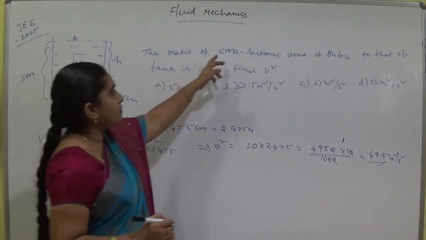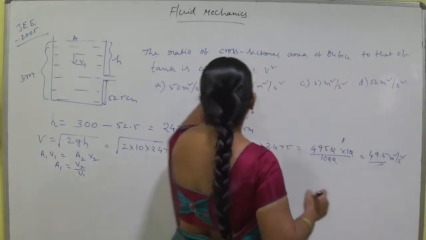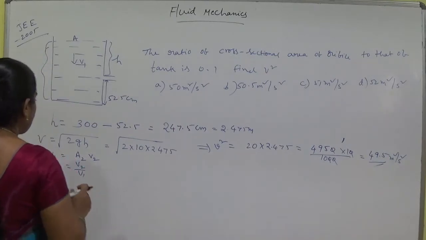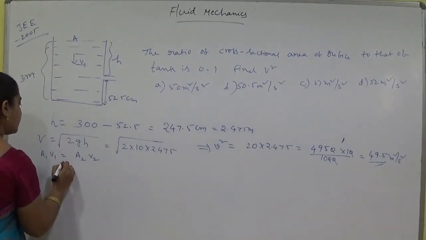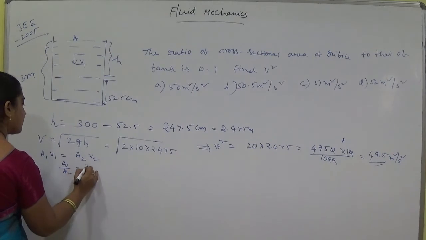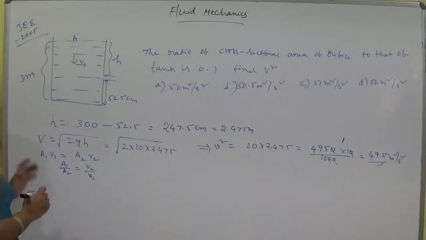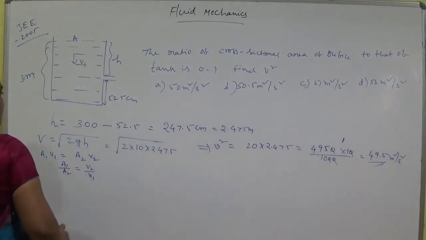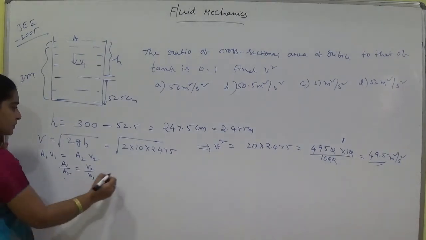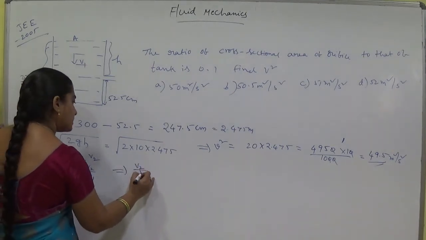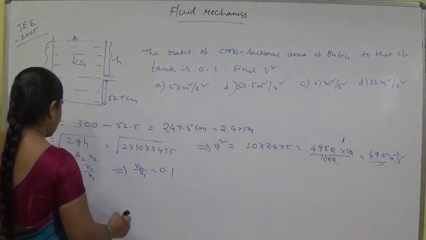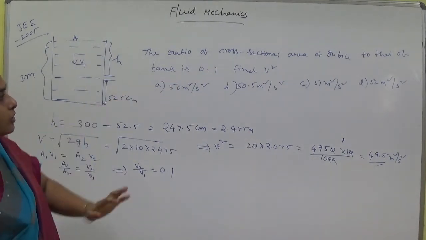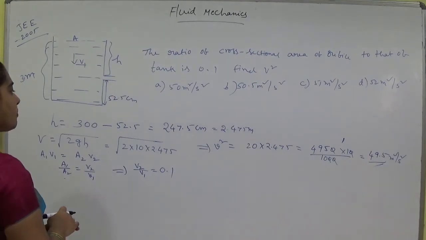Here the ratio of cross sectional area of orifice to that of tank is given as 0.1. So according to the principle of continuity, A2 by A1 is equal to 0.1, so V2 by V1 is equal to 0.1.